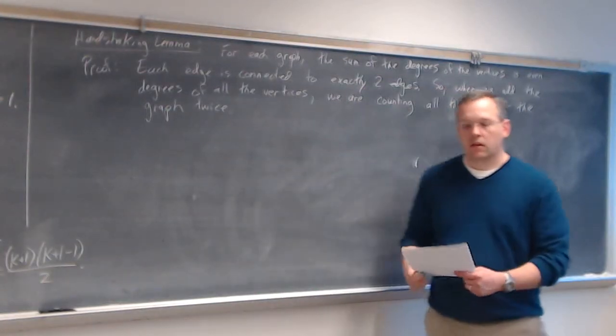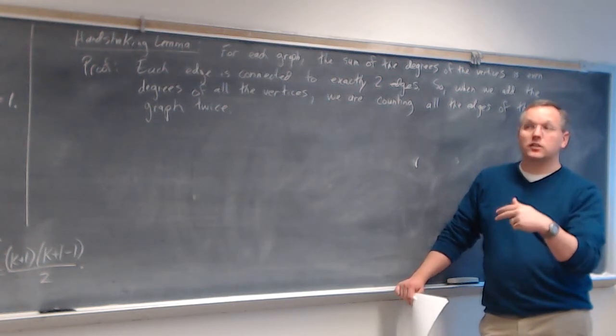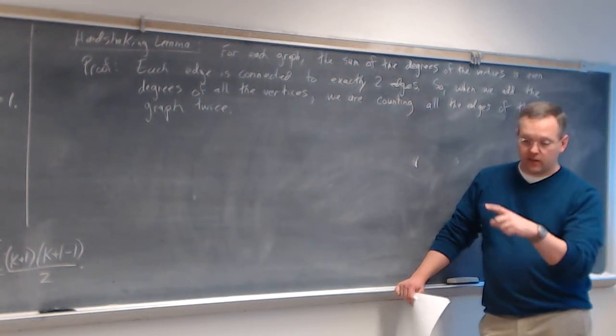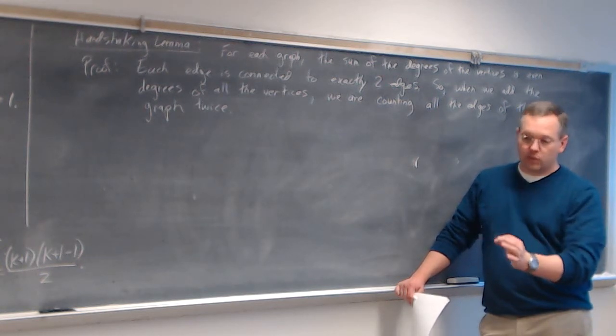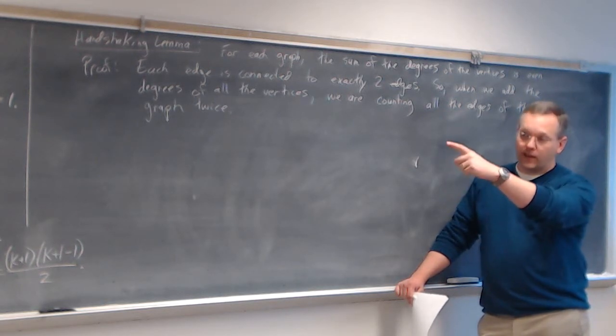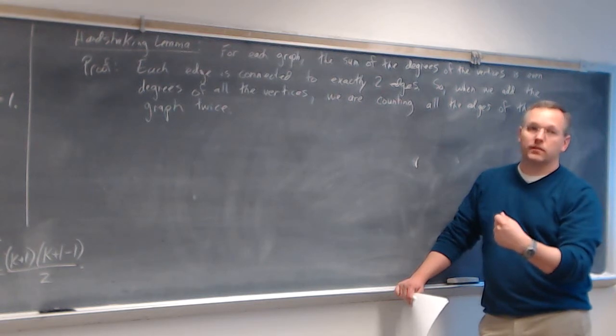Make sense? Because if you remember, the degree of a vertex is how many edges are connected to it. Well, if I count up, in the degree of one vertex, each one of those edges is also connected to another vertex. And so when I count the degree of that vertex, I'm also going to count that edge again in its degree.